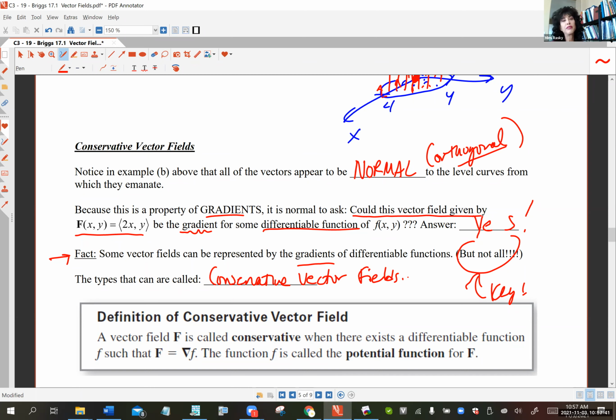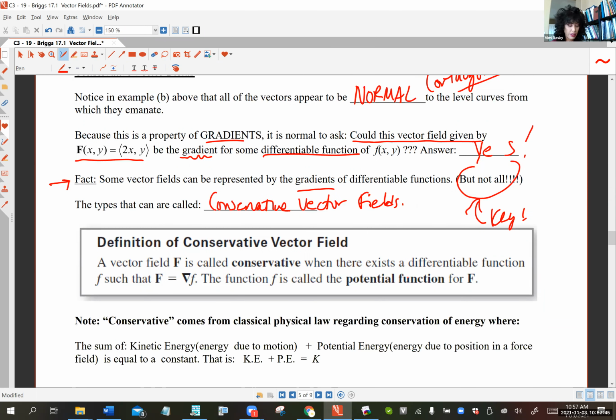Now let's do the official definition of a conservative vector field. This is very important. It could be a true false question, or maybe they change up the definition to see if you got it. A vector field, big F, is called conservative when there exists a differentiable function, little f, such that big F is the gradient of little f.